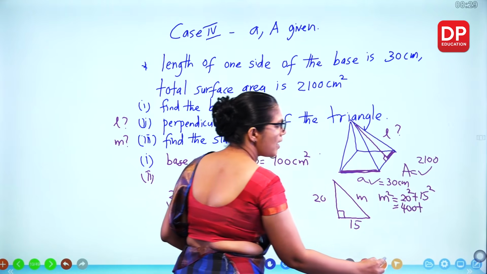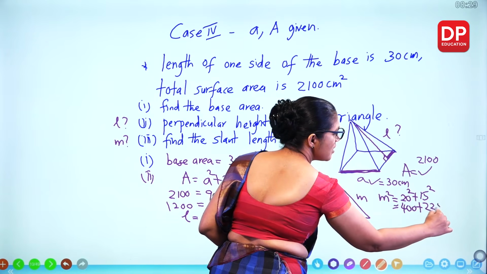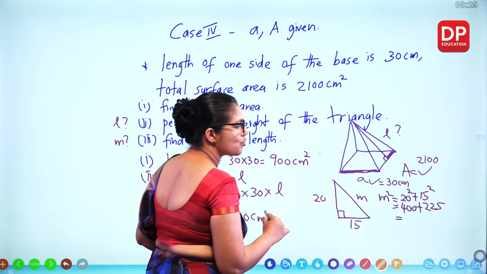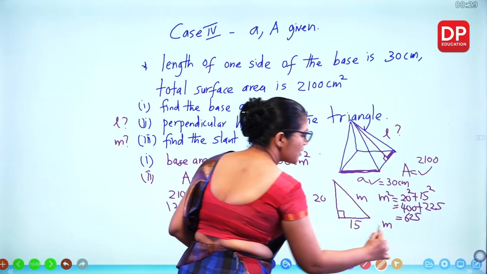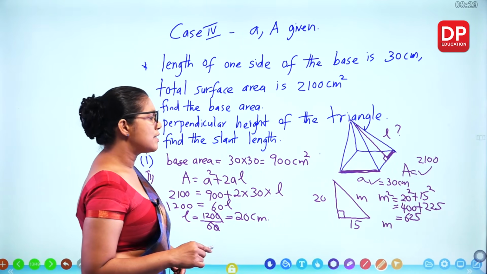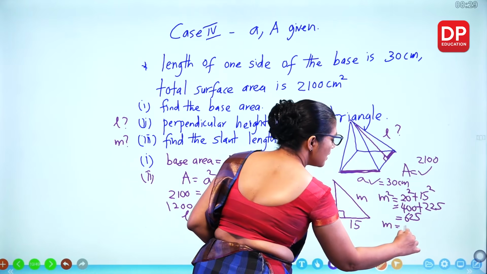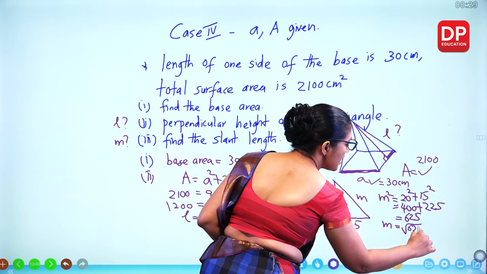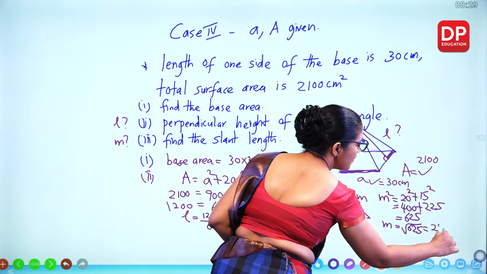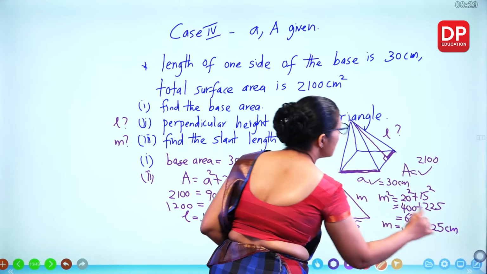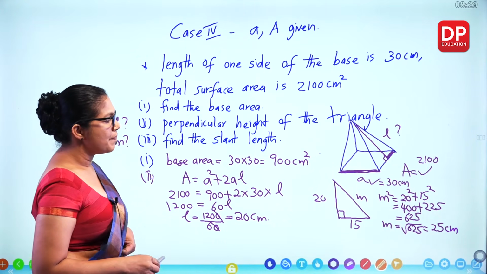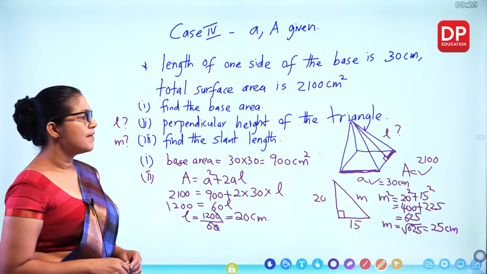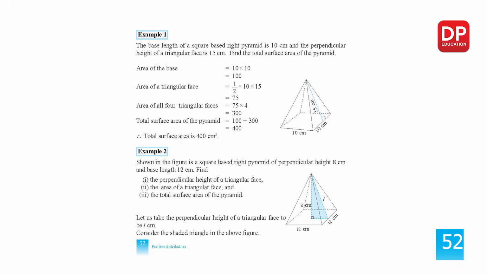What is 15 squared? 225. When you add these two together, you get 625. When you take the square root of 625, you get 25. So what's the slant length or slant edge of the pyramid? 25 centimeters.